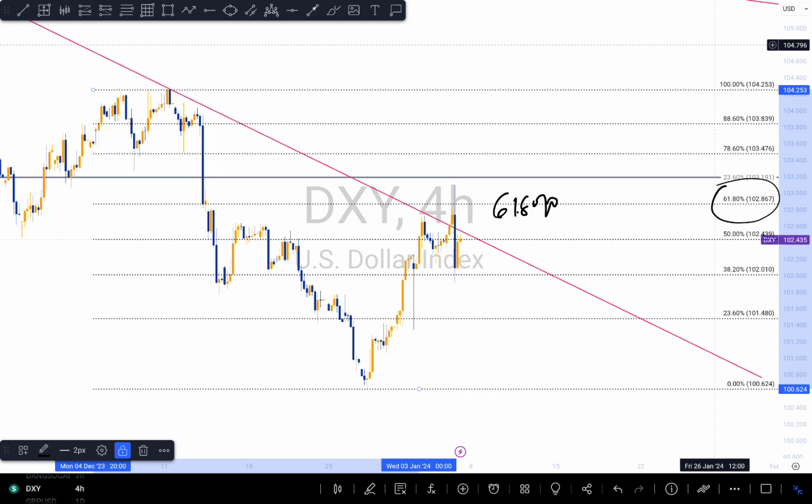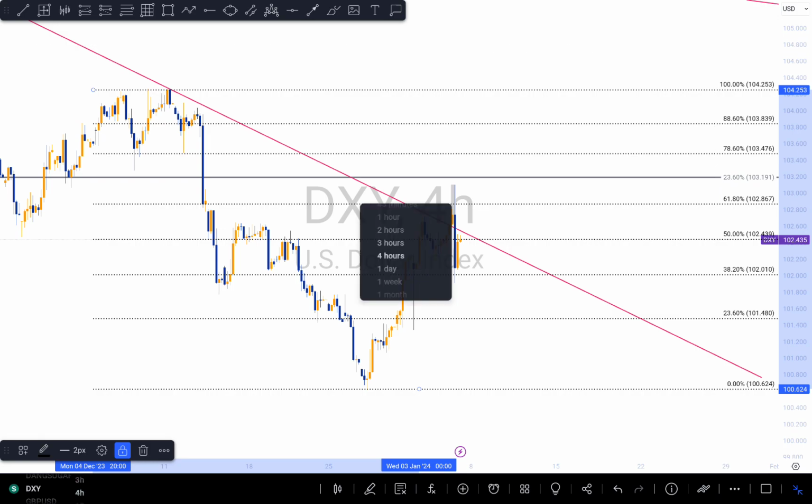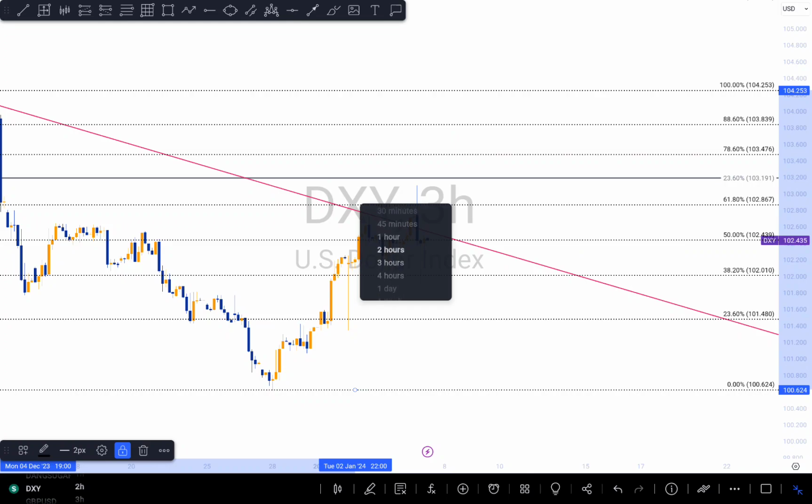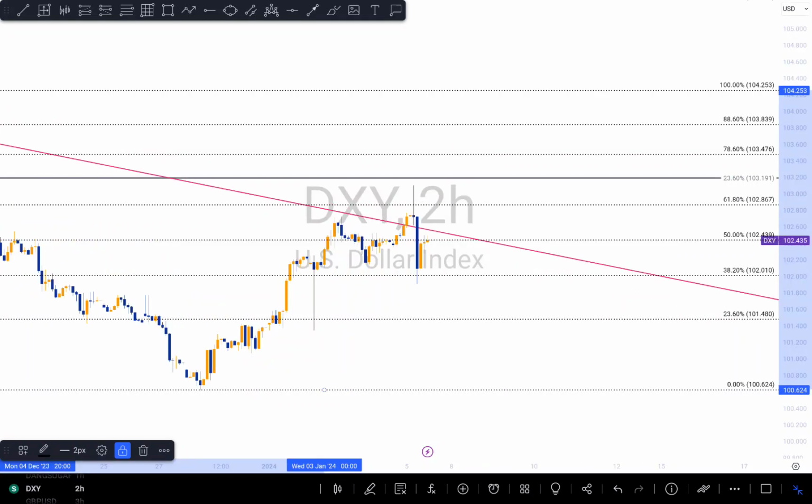So there's a possibility for us to continue to push to the downside, and I saw this kind of momentum of a sell right here. So it just shows that there's a possibility to continue to push to the downside. Those are the confluences I am currently seeing for us to push to the downside.